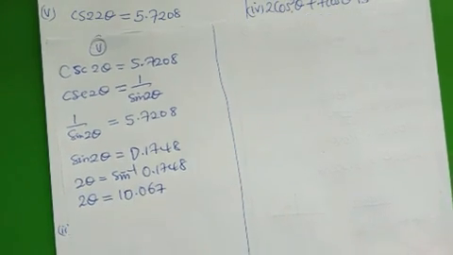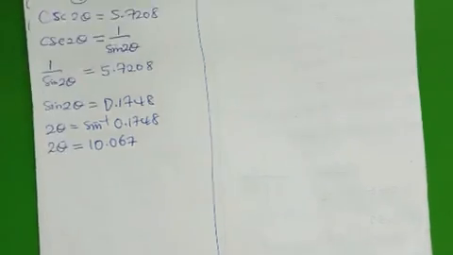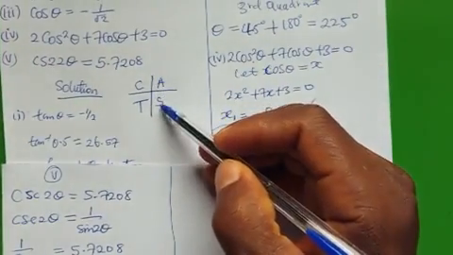10.067. Okay, so there are two possible places where sine will be positive, and that is the first quadrant and the second quadrant.